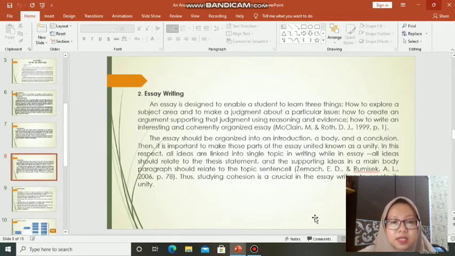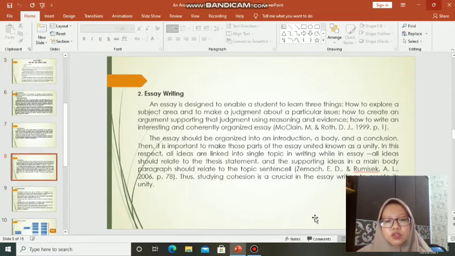Next, essay writing. An essay is designed to enable a student to learn three things. First, how to explore a subject area and make a judgment about a particular issue. Second, how to create an argument supporting that judgment using reasoning and evidence. And the last, how to write an interesting and coherently organized essay. The essay should be organized into an introduction, a body, and a conclusion.